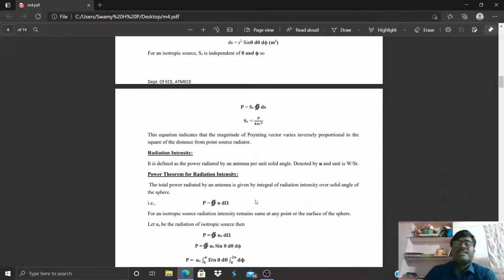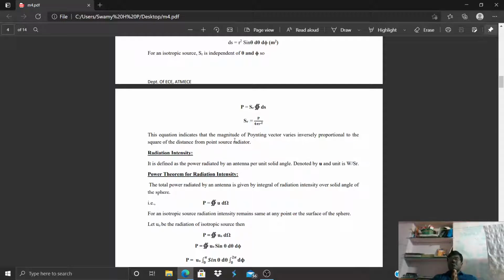So this equation gives you that the magnitude of the Poynting vector varies inversely proportional to the square of the distance from the point source radiator. So S_r is equal to P divided by 4 pi r squared. From this equation you have to conclude that the magnitude of the Poynting vector varies inversely to the square of the distance from the point source radiator.